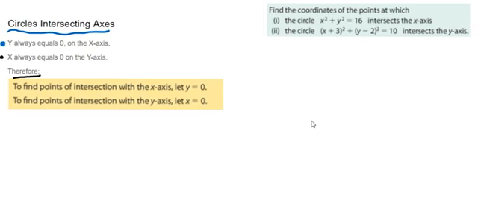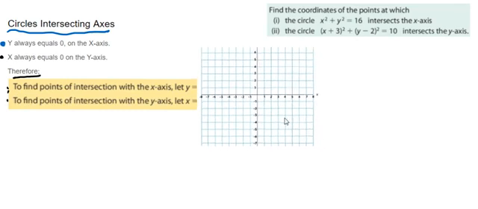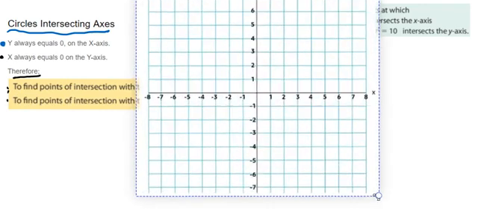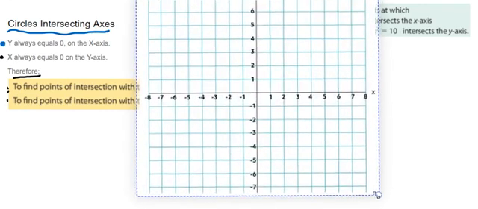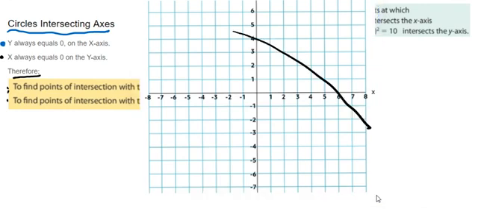Therefore, to find points of intersection with the x-axis, let y equal 0. To find points of intersection with the y-axis, let x equal 0. All we mean is when something intersects the x-axis, y has to be 0. So if I was a line there, that point there is obviously the point 6, 0, so the y is 0 on it.